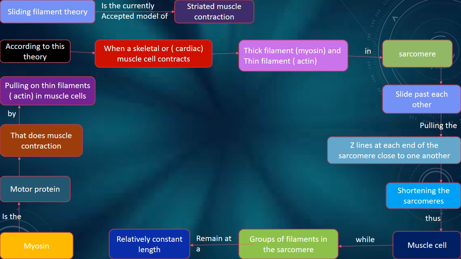According to this theory, when a skeletal or cardiac muscle cell contracts, the thick filament, myosin, and the thin filament, actin, in the sarcomere slide past each other, pulling the Z lines at each end of the sarcomere close to one another, shortening the sarcomere and thus the muscle cell, while the filaments in the sarcomere remain at a relatively constant length.